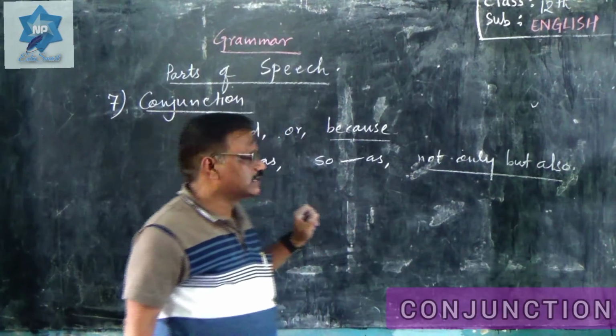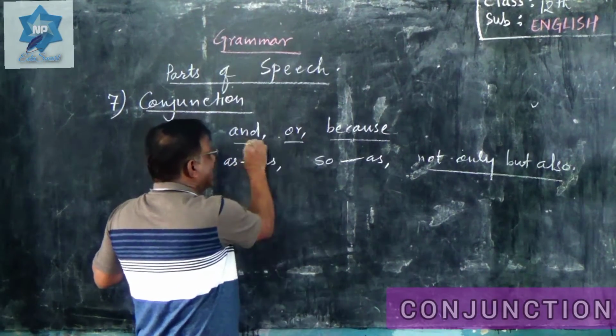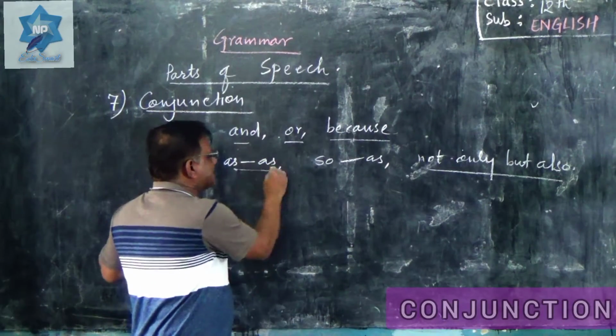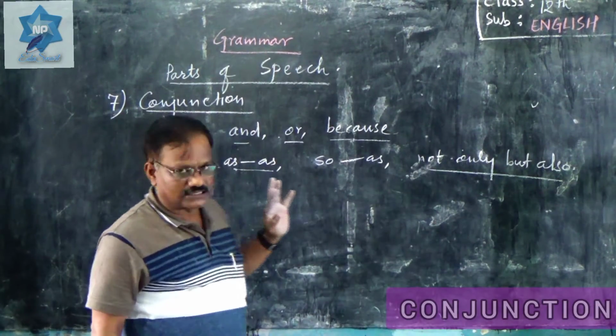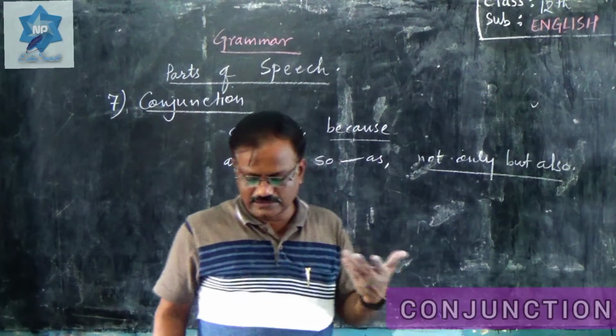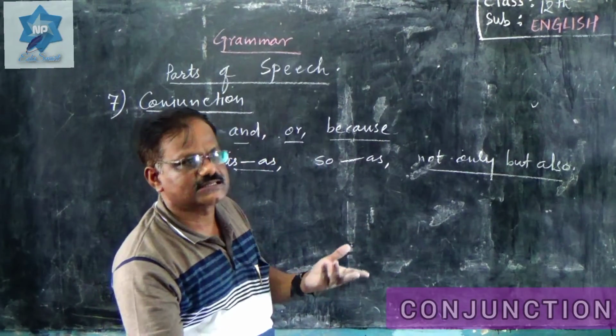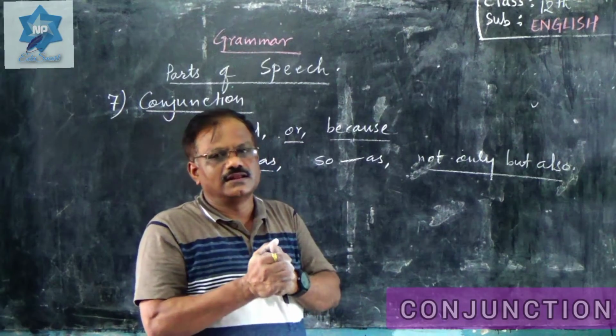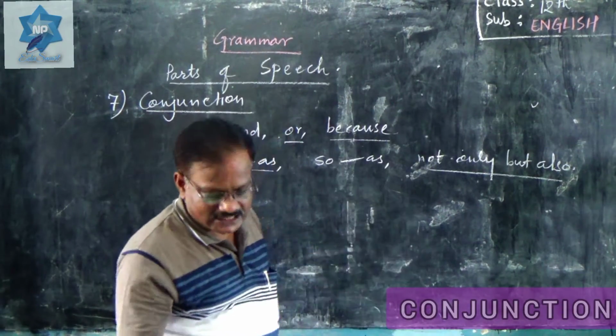This is a subordinating conjunction, while or and and are coordinating conjunctions. In this way you can learn more about these conjunctions and their types in that lecture, when we learn about clauses or types of sentences.